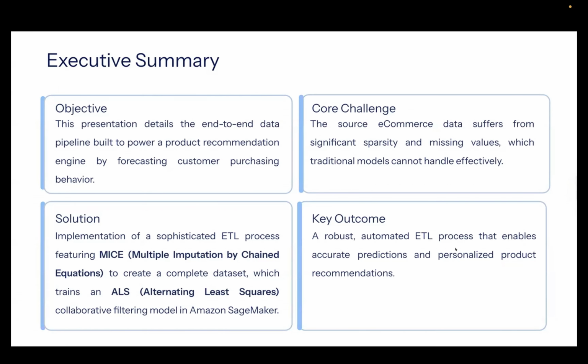For the solution, we created the ETL pipeline featuring MICE to create the complete data sets, which also train ALS (alternating least squares) models within Amazon SageMaker. The key outcome is a robust automatic ETL process that enables accurate predictions and personalized product recommendations.